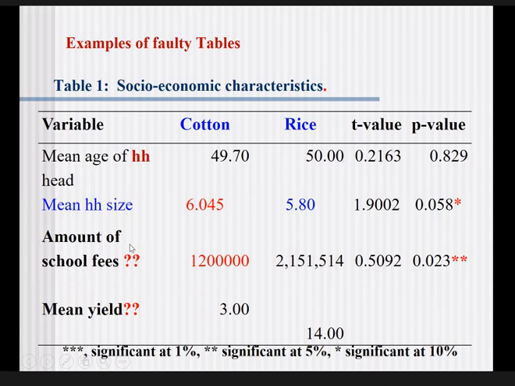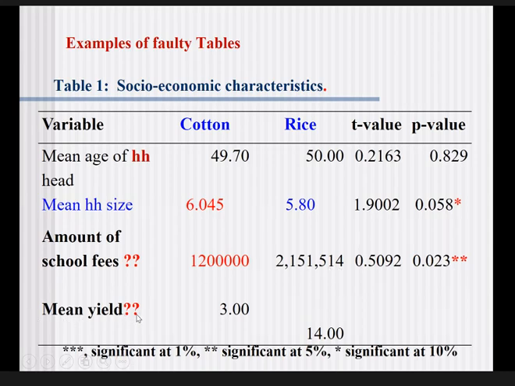So it is not clear. That is a fault. Then under cotton, we see some figure 120000 something, and under rice, we have 2,151,000 with 1,000 separators. But under cotton, there are no 1,000 separators. So that is another fault.